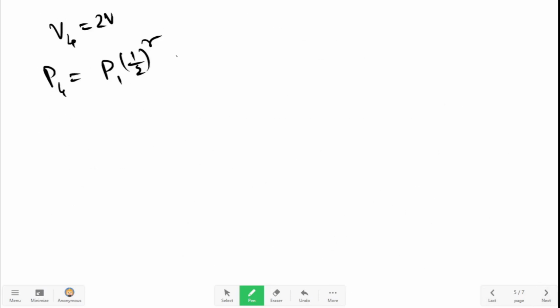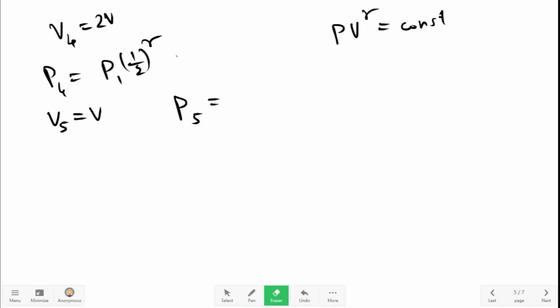So V5 is V, and for the adiabatic case, PV raised to gamma is equal to constant. Therefore P5 into V5 raised to gamma is equal to P4 into V4 raised to gamma.